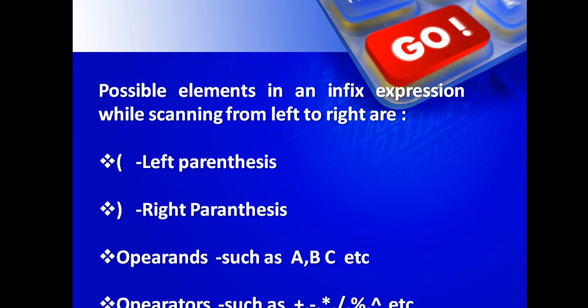We may get a left parenthesis, a right parenthesis, or operands either in the form of a variable like a, b, c, x, y, or constant values like 10, 20, whatever they are, called operands. I need not explain again the meaning of operators and operands. Operands are those which undergo some operations; operators are those which operate upon the operands.